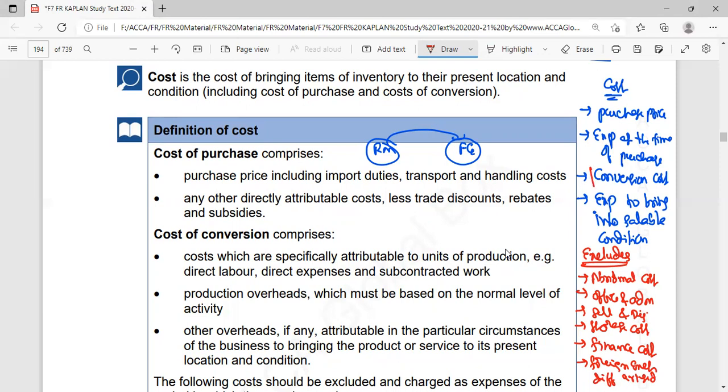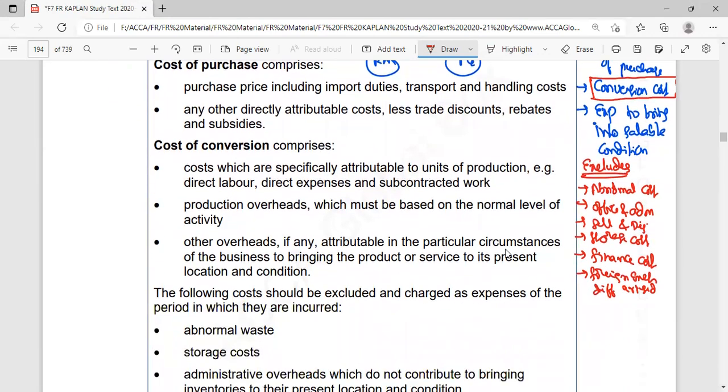One of the important things here is conversion cost. While calculating conversion cost, some elements are there. It comprises costs which are specifically attributable to a unit of production, that is direct labor, direct expenses, and direct material, etc. And coming to production overhead, there are two types: variable overhead and fixed overhead.